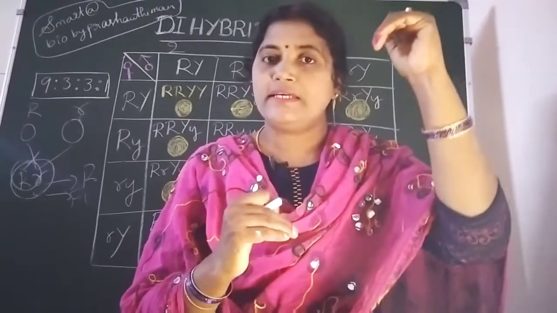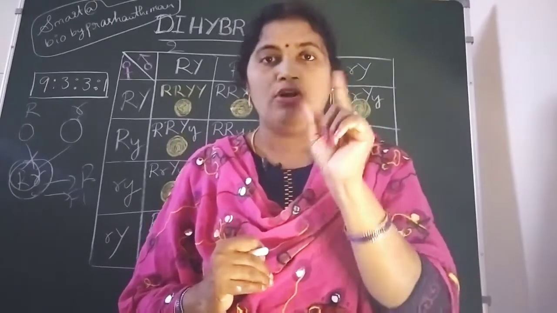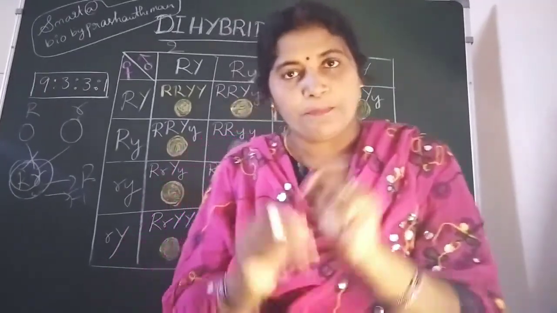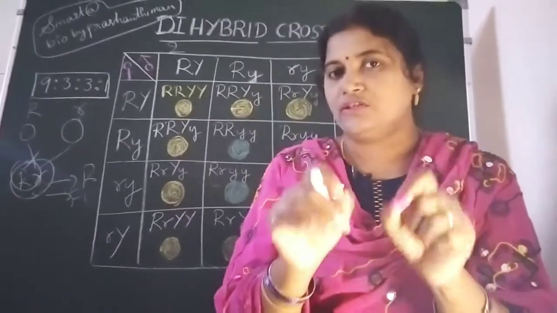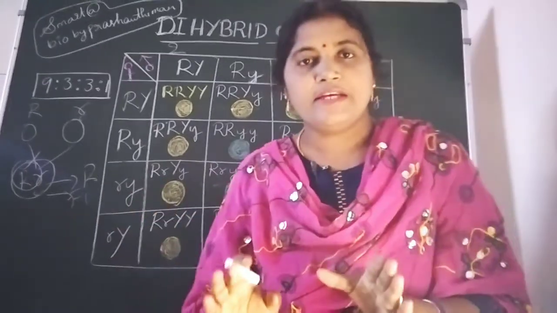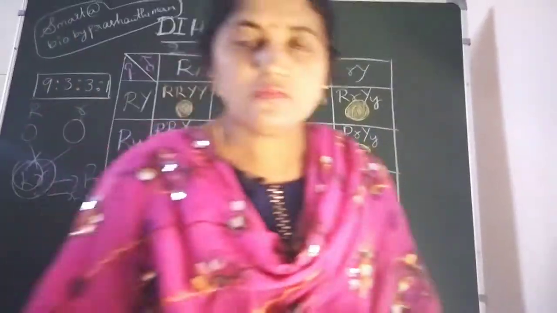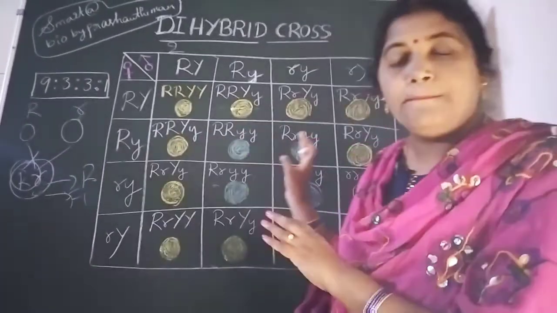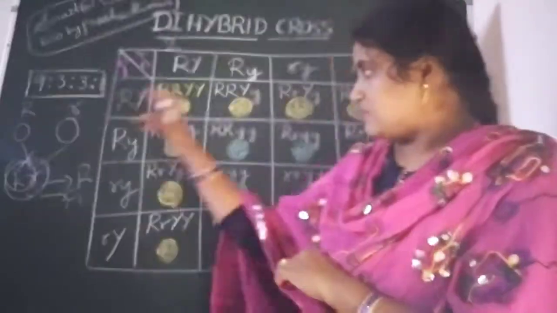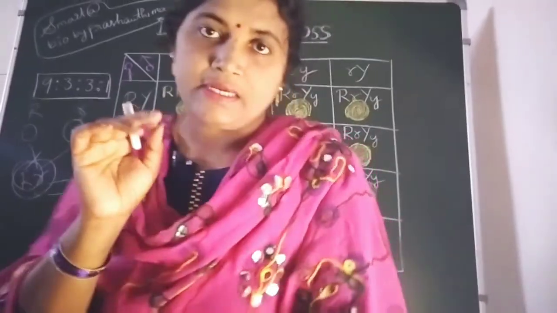Tall is indicated with a capital T, and dwarf with a small t. Based on that information, we are going to see this Punnett square. Every time, we can check the pollination results in the Punnett square. Write this point: Punnett square.